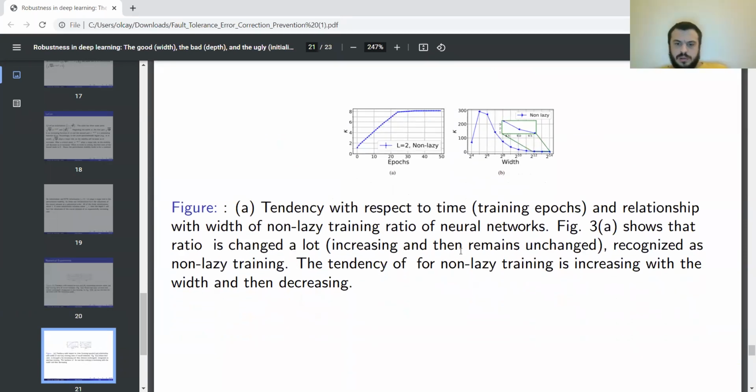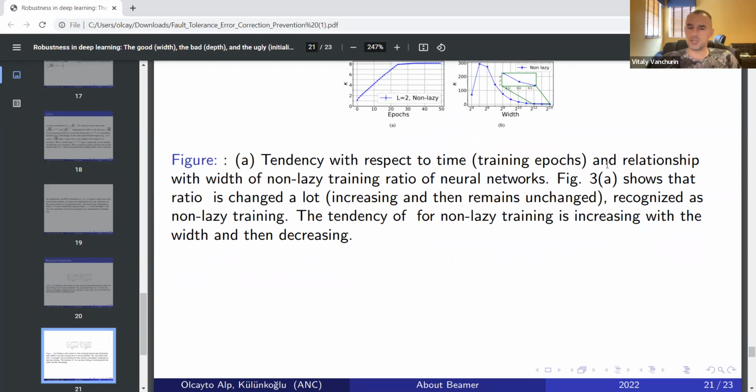And so in here, the tendency with respect to time, which is taken as training epochs, and the relationship with the width of the non-lazy training ratio: there is this tendency that it first increases with width, comes to the highest non-lazy training ratio, and then later with width it decreases.